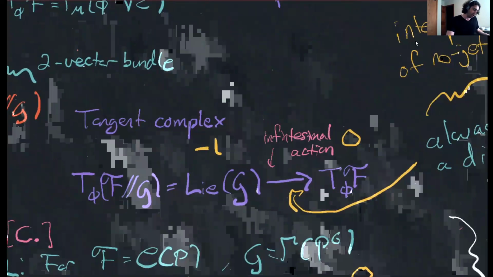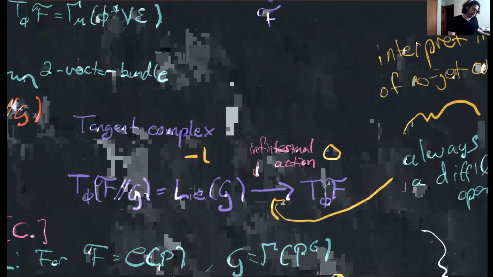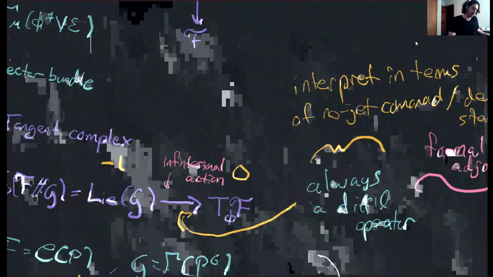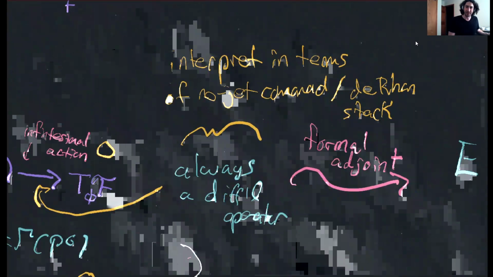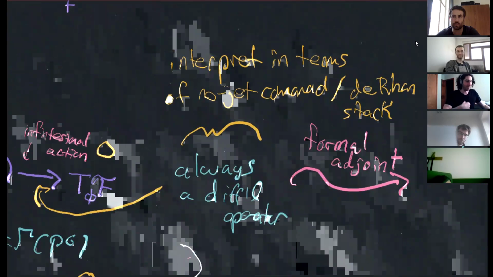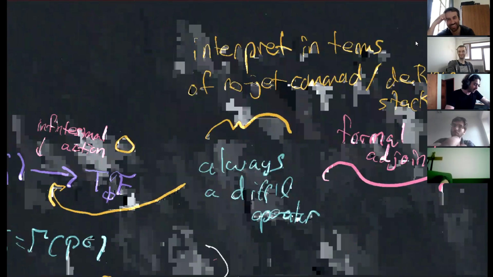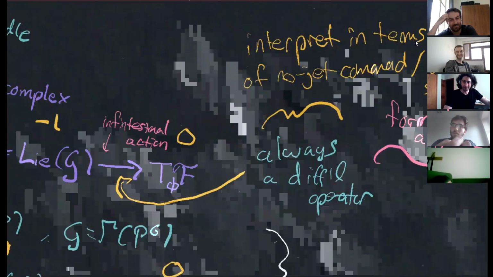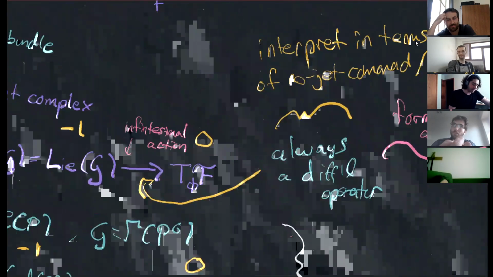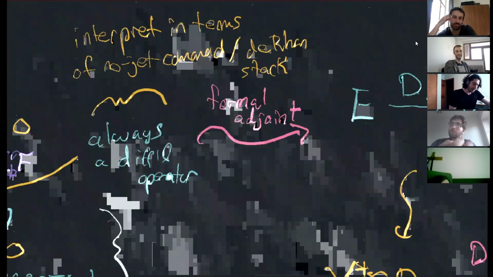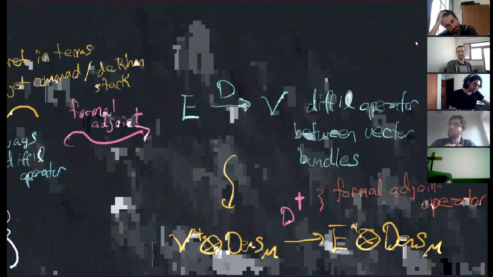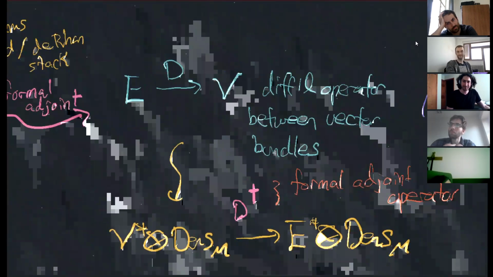And you can interpret this map in terms of the infinite jet comonad and the de Rham stack. If you don't know what that means, that's okay. Maybe I'm throwing that out to Igor, because he likes these things. But this map is always a differential operator, okay? And it makes sense to take the formal adjoint.